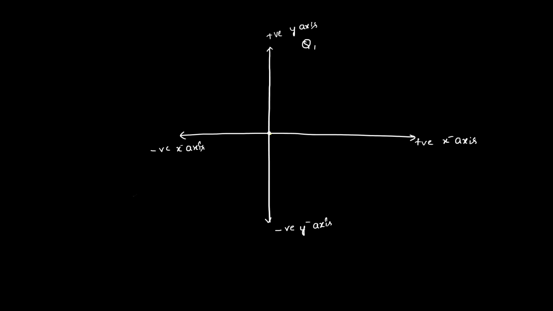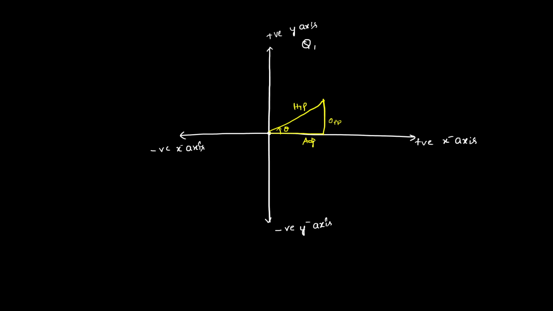So let us take a triangle here. When we are considering an angle like this, this will be the right angle triangle formed. Now, this will be the opposite side, and this will be the adjacent side, and this will be the hypotenuse.